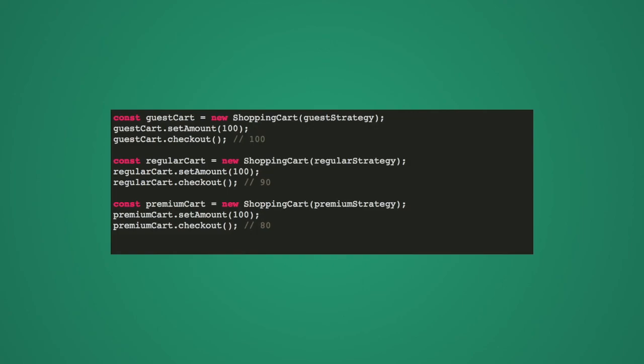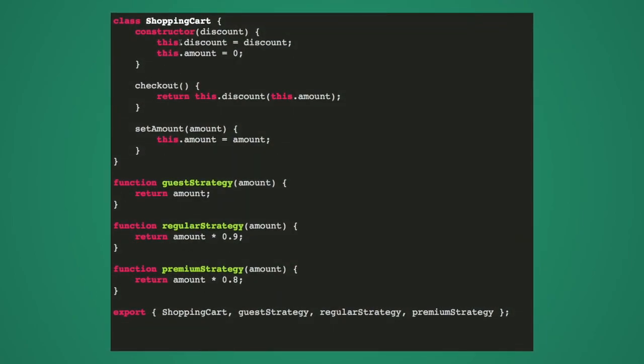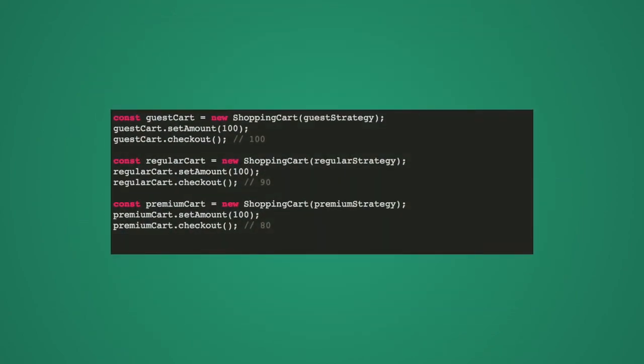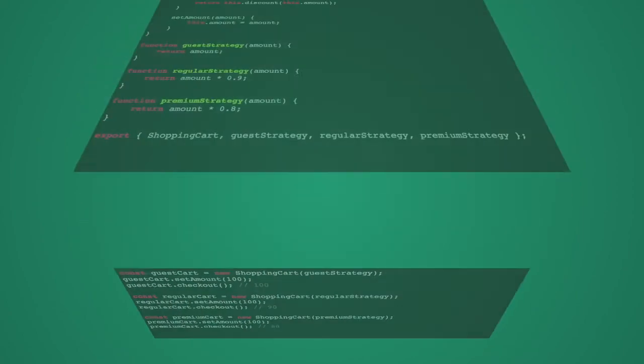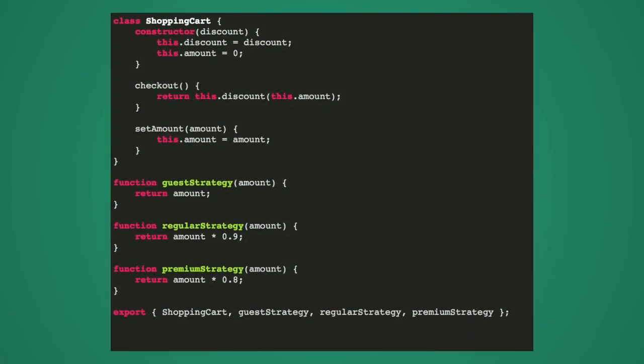No, you set it in the constructor. The discount is the strategy. You pass in the strategy function. There is a strategy, but it is a function of amount. Yeah, of course. It takes in an amount, and this is how you instantiate, or how you call this.